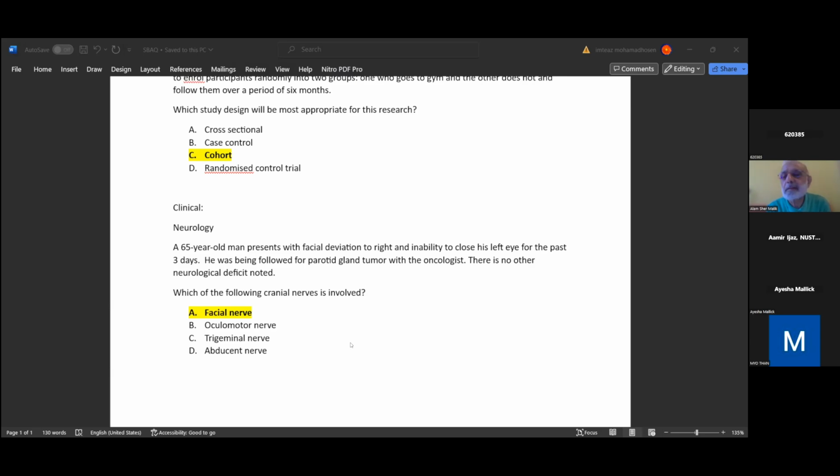I don't know the level. If it is for the undergraduate level, fourth or final year medical students in neurology, then it is a good question, because at that level, knowing about facial nerve paralysis is good enough. So it depends on the level.